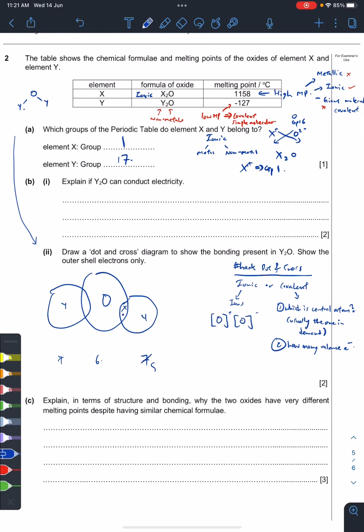So this one becomes 8, this one now becomes 7. The other Y also wants 1, so 8. Everybody has a full valence electron shell, very good. And the last step is to show all valence electrons. Third step is meant to counter any careless mistakes.